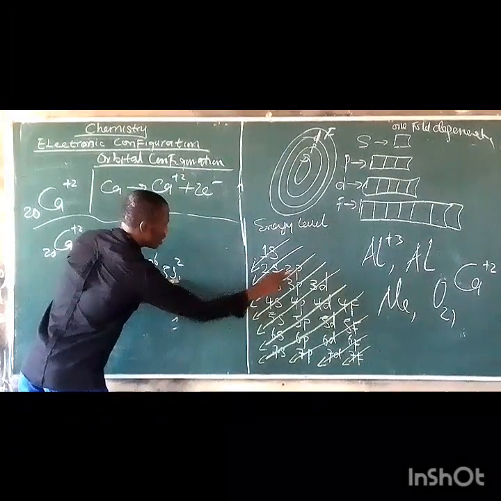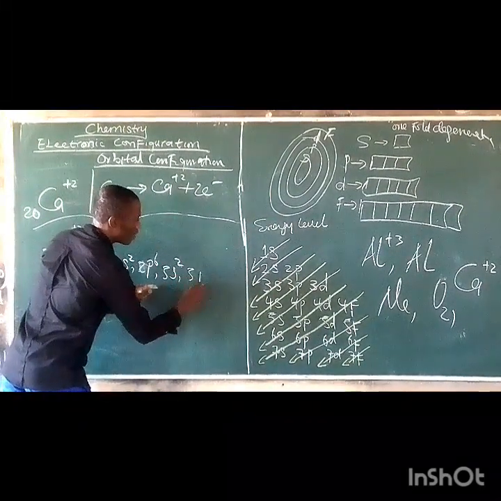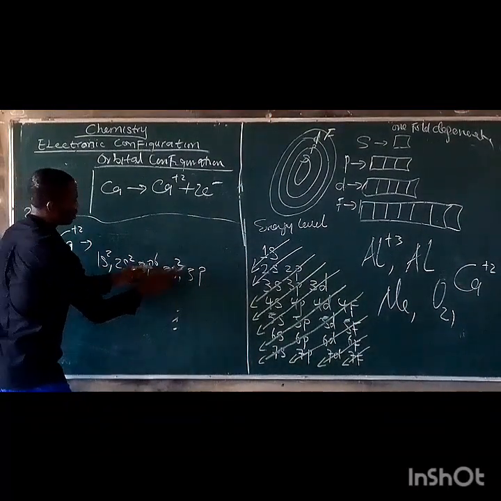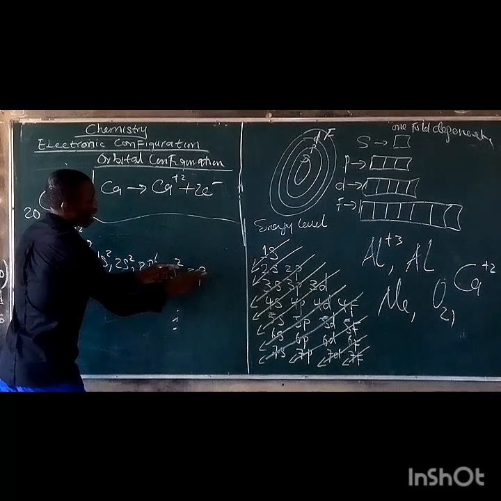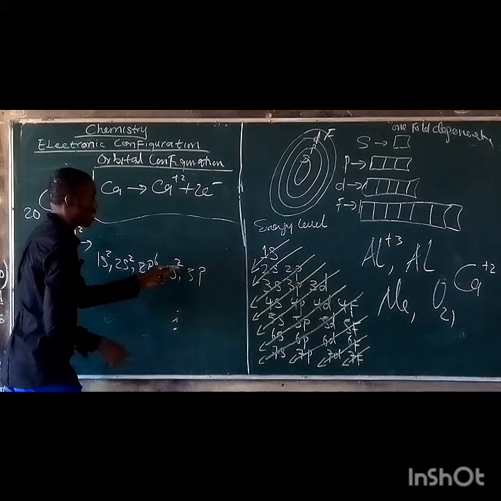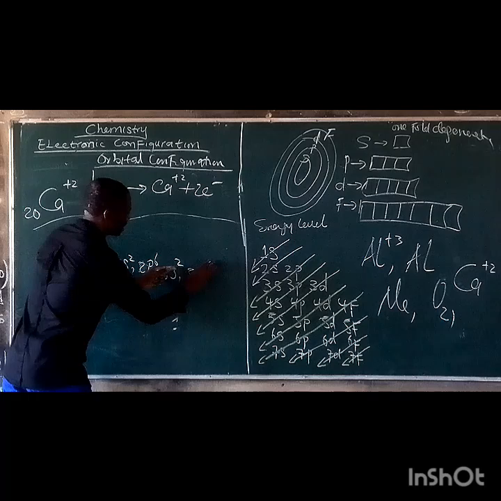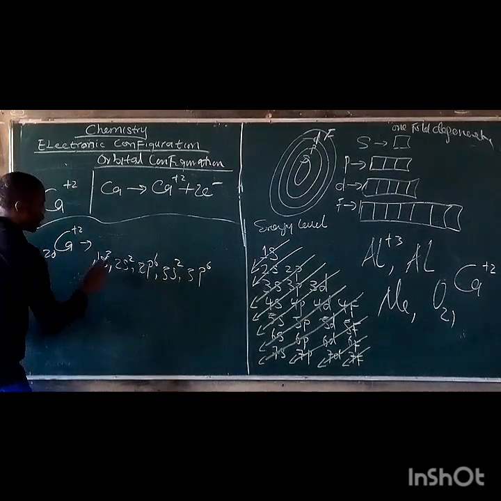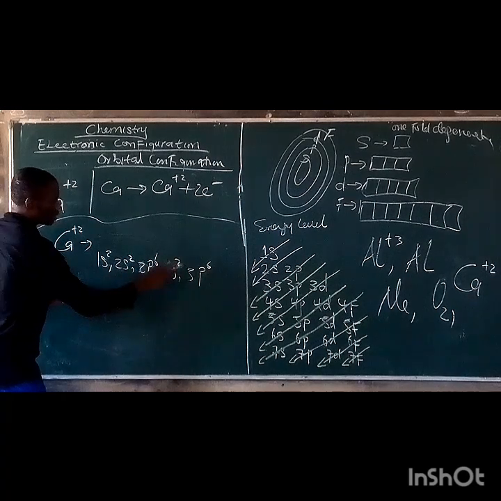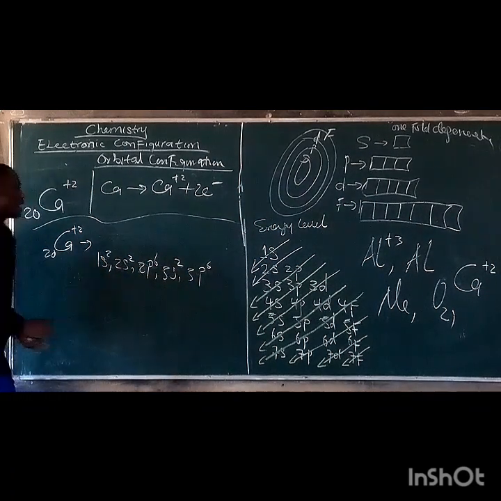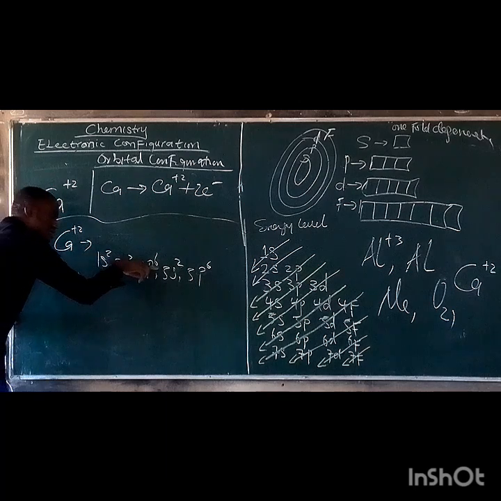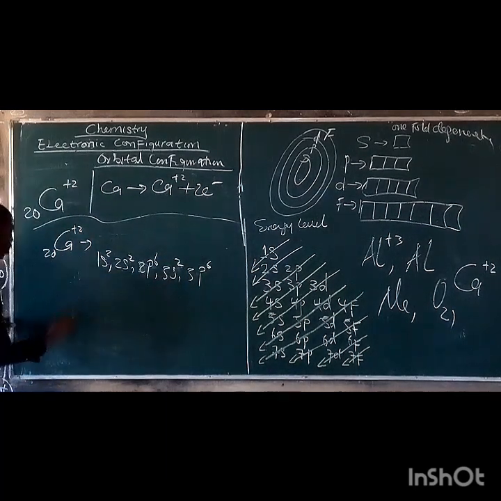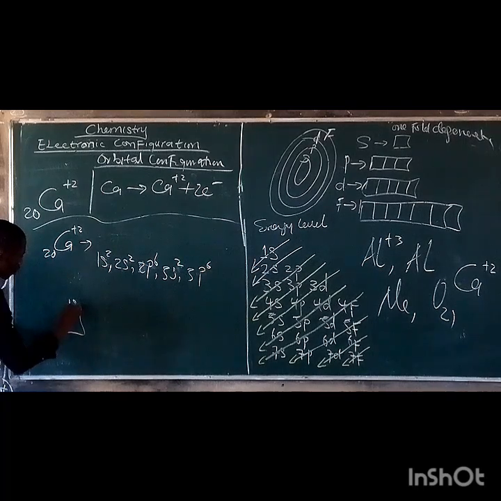After the 3s2 is the 3p. 12 plus 6 makes 18, so 3p6. That's complete. 1s2, 2s2, 2p6, 3s2, 3p6. If you count, this is 10, 10 plus 6, 16, 17, 18. That's complete.